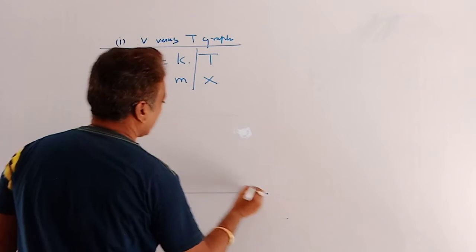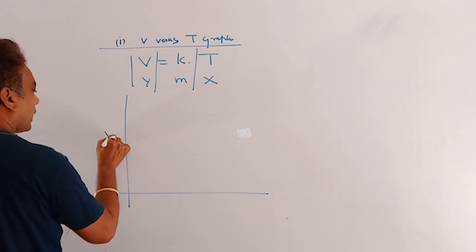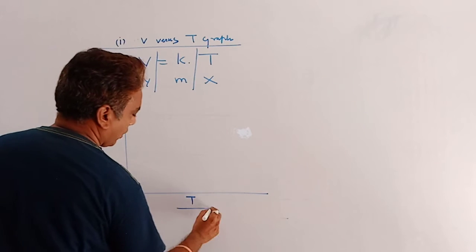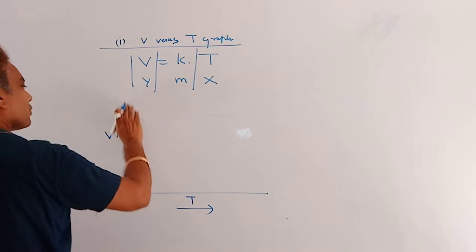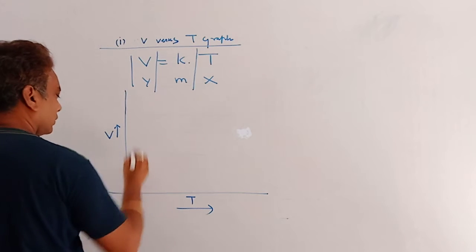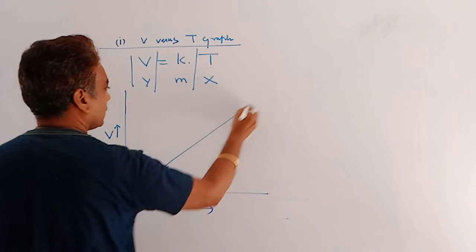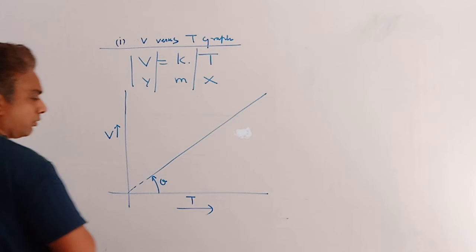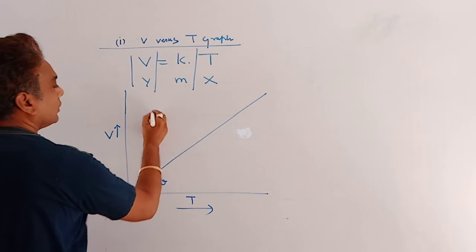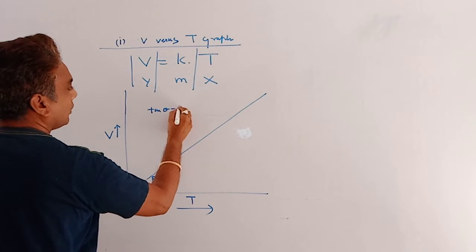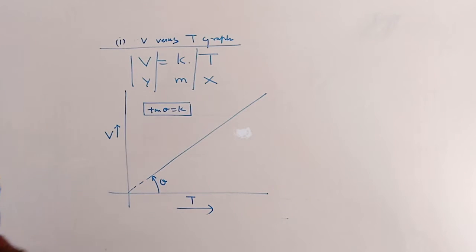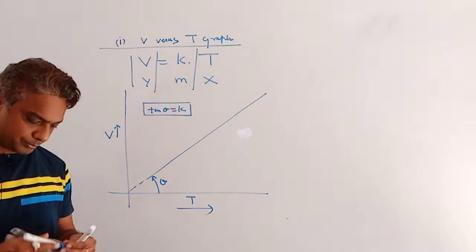If volume is taken on y-axis and temperature is on x-axis, we have a straight line passing through origin like this, and if theta is the angle from positive x-axis, then tan theta is equal to K. Clear?